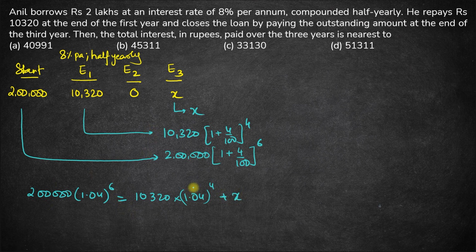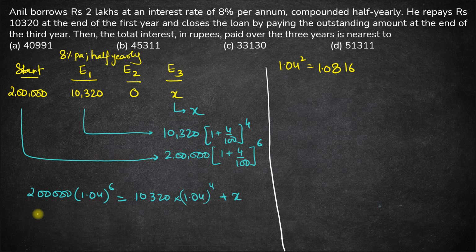So now we'll have to do some calculations here. Let's see if we can simplify this. So we have 1.04 to the power 6 but 1.04 to the power 4 over here. So let's calculate 1.04 square. 104 square will be 4 square 16 and the left part of the answer will be 104 plus 4, 108. So this becomes 1.0816.